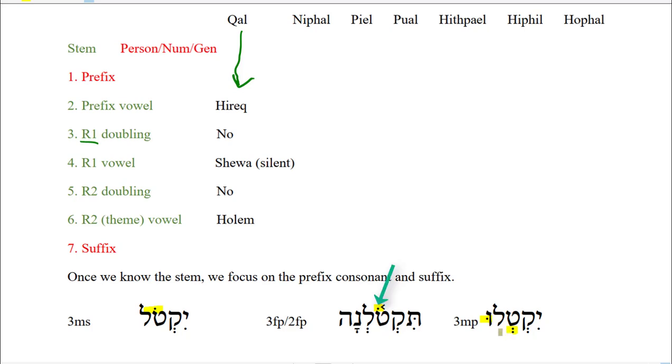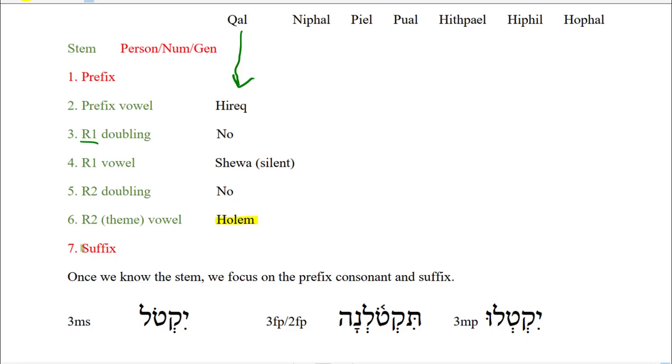But if the theme vowel is a full vowel, it will often be a holem. Now sometimes the theme vowel will be a patach, particularly for weak verbs if there's a guttural there, either in the R2 or the R3 position. And occasionally for certain stative verbs, you'll see a patach for the R2 vowel. But for general purposes, we can say that for the cal form, we are looking at a holem.